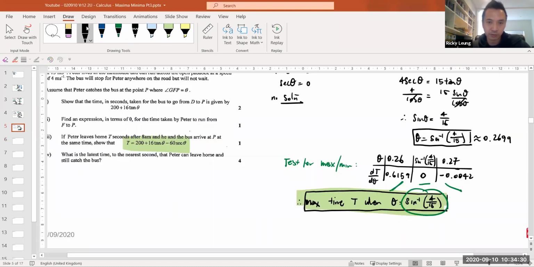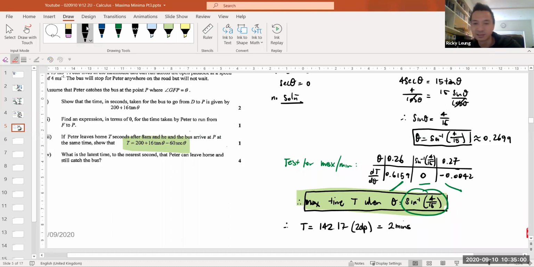So therefore, I believe if you just subbed it in your calculator, you'd find that T, capital T, is 142.17 to 2 dp, which is 142 seconds, which if you divide that by 60 to find the number of minutes that you add on to 8 a.m., that's basically 2 minutes and, is it 20? So that's 142 seconds.